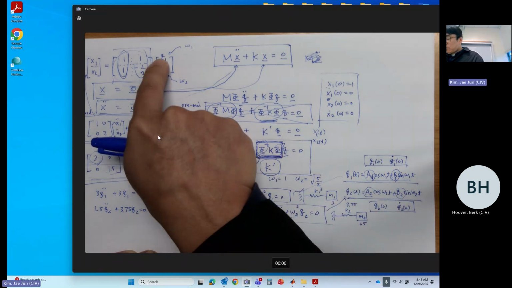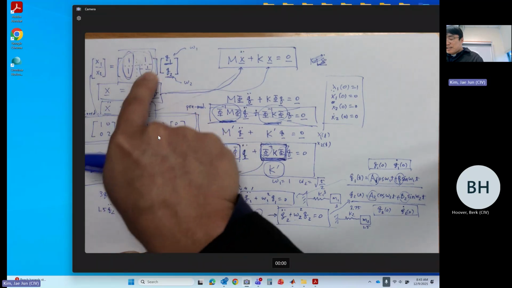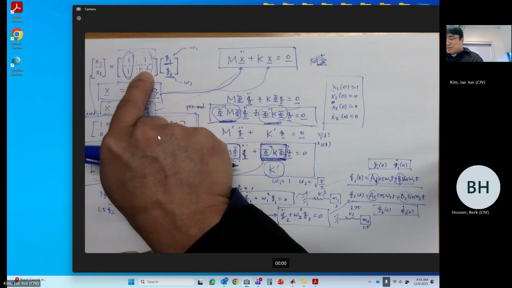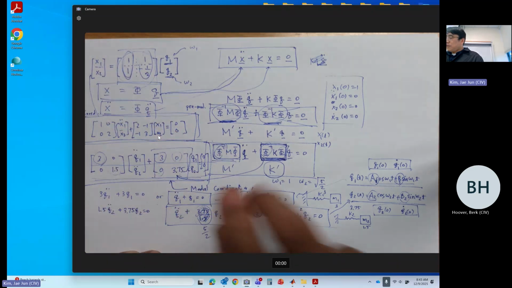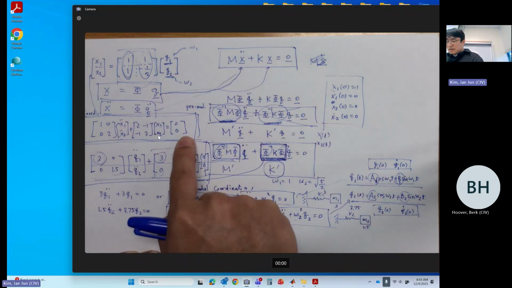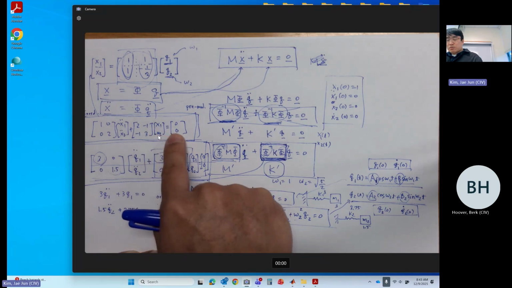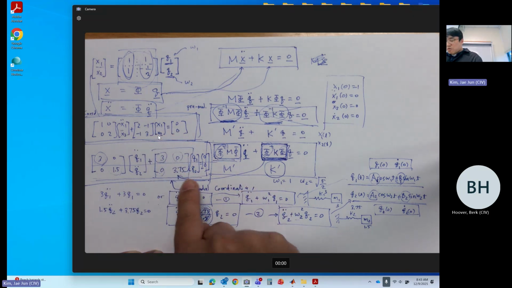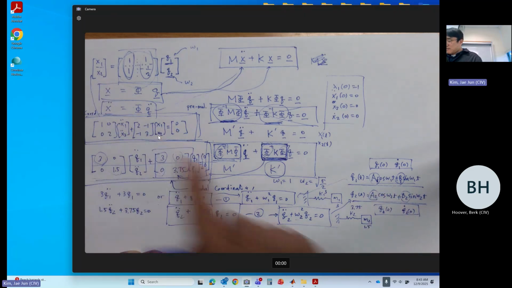And once you have q1 and q2, you multiply this matrix to go to x1 and x2, right?